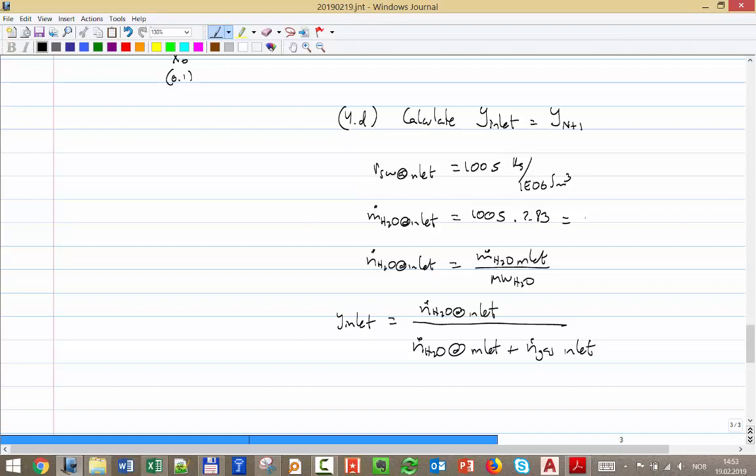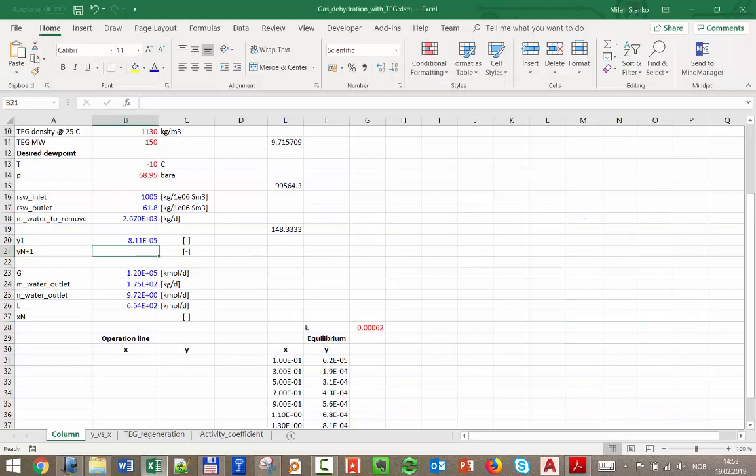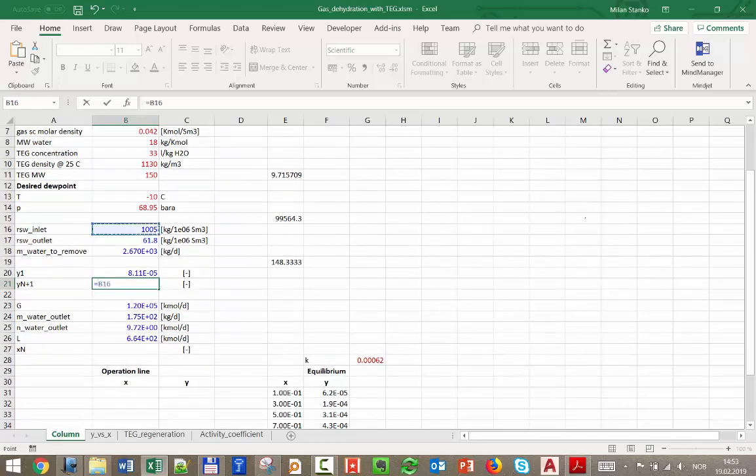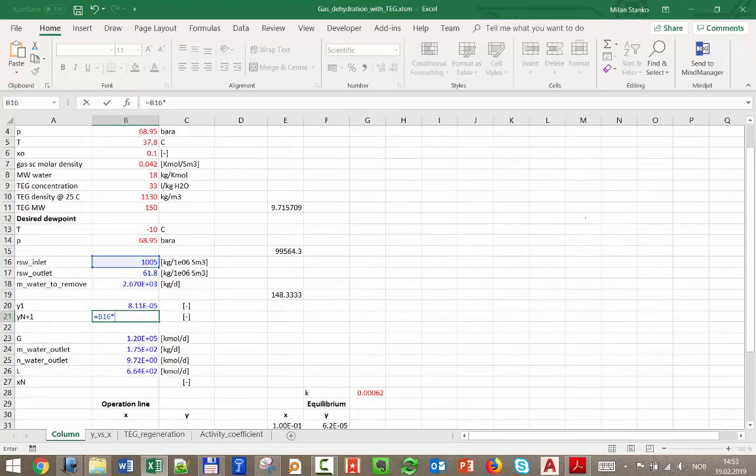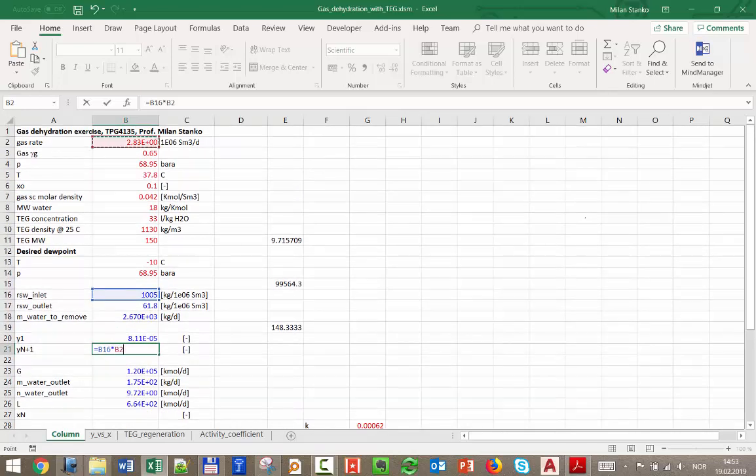Okay? Exactly the same way we have done now at the exit, we are doing it at the inlet, just to find out how far we have to draw the line, how far it has to go up. So, do we do it in one go? We can try. This number times the flow of gas, this number here, and then I divide by the molecular weight of water.